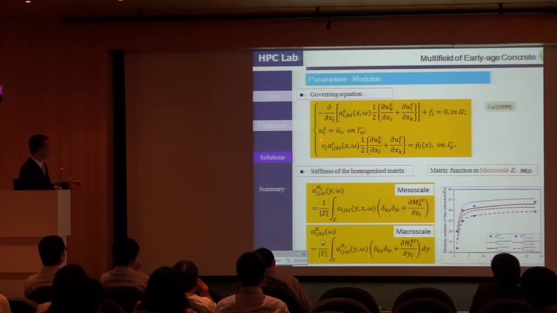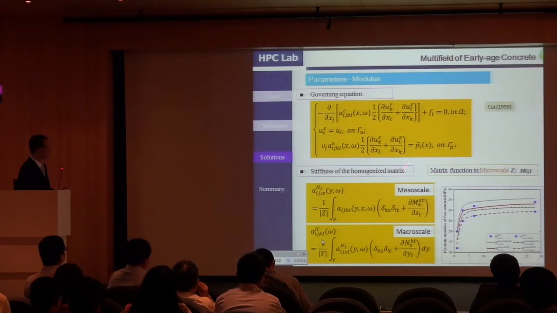If we get the boundary conditions for displacement and for force, we can get the stiffness matrix function from the meso scale to the macro scale.